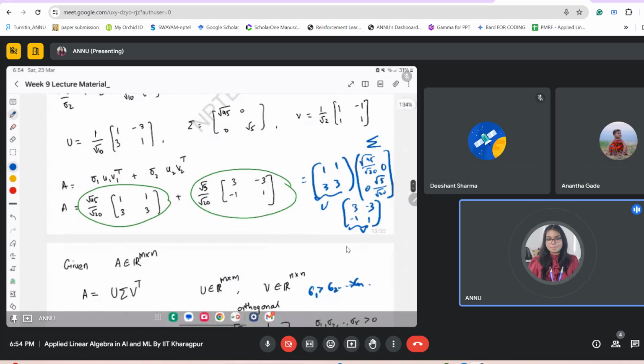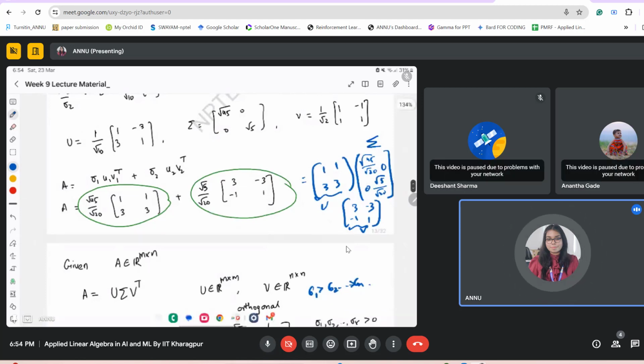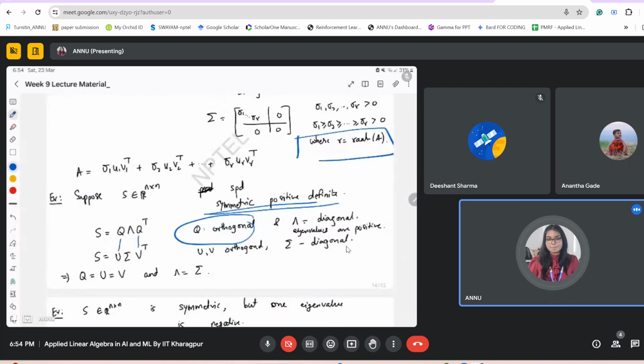Okay, so if you have a symmetric positive definite matrix, one more thing. If you define the singular value decomposition for a symmetric positive definite matrix, what we have observed is that the singular value decomposition is the same as the eigenvalue decomposition, or eigenvector decomposition, or spectral decomposition.